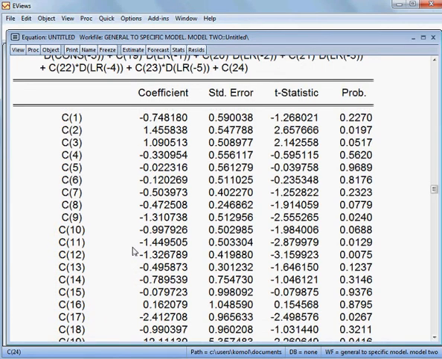So from here, what I shall be doing is keeping C1, C2, C3 because they are the error correction coefficients. I shall be keeping these three, but I shall be dropping those variables which are insignificant and keeping those variables which are significant.